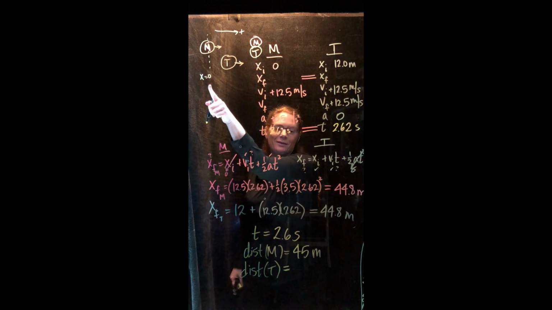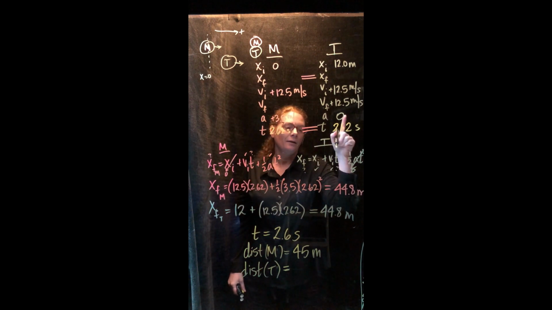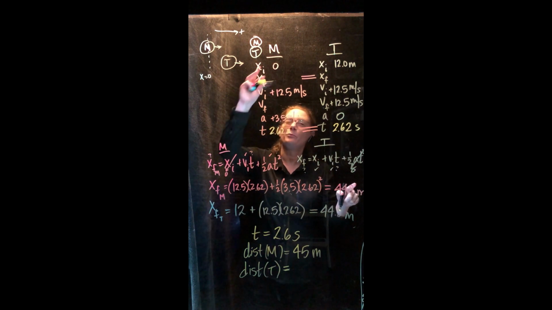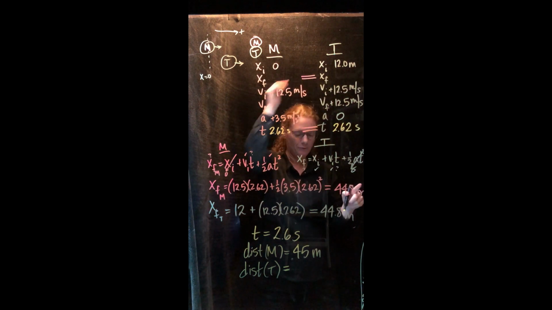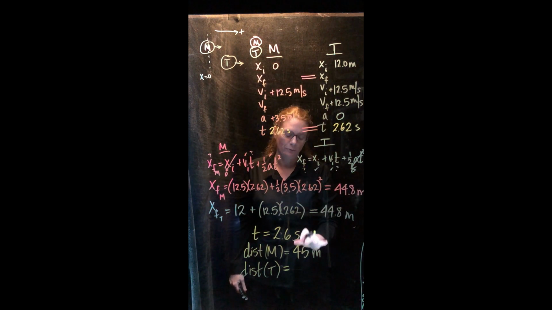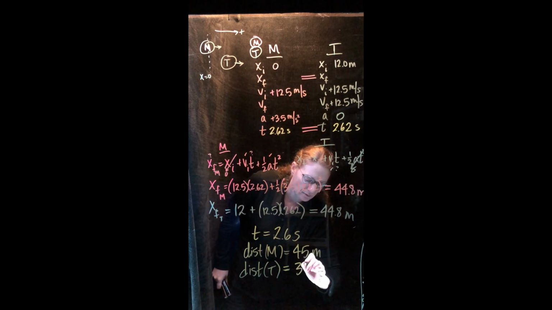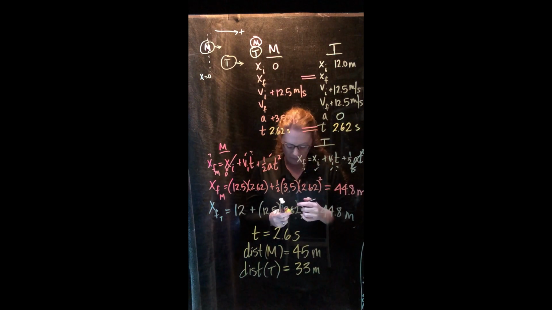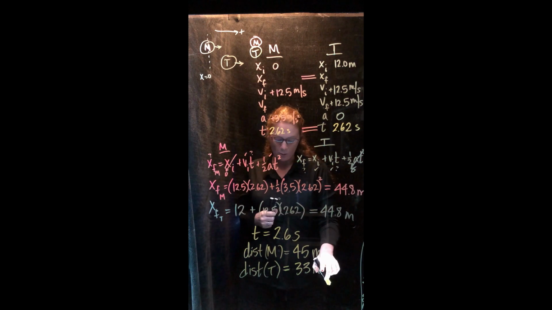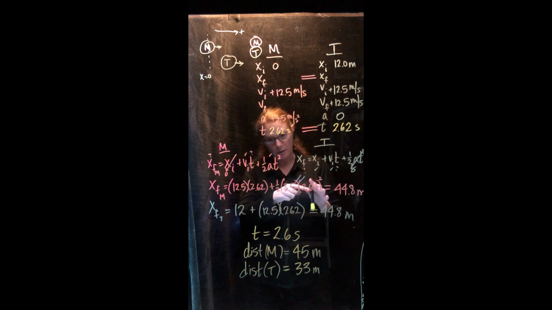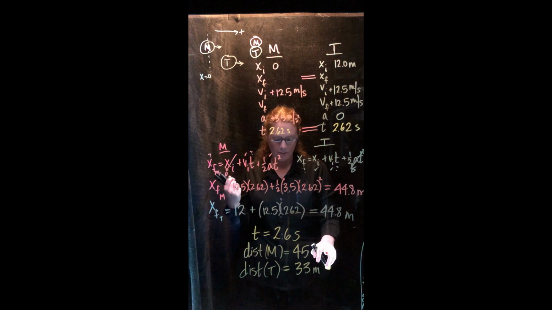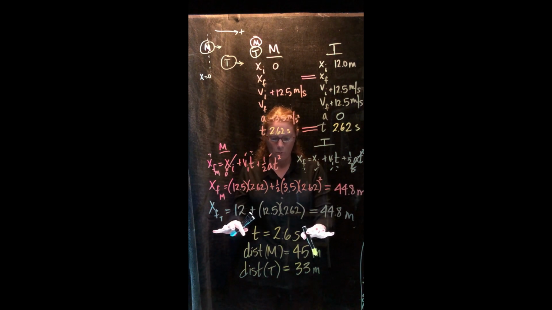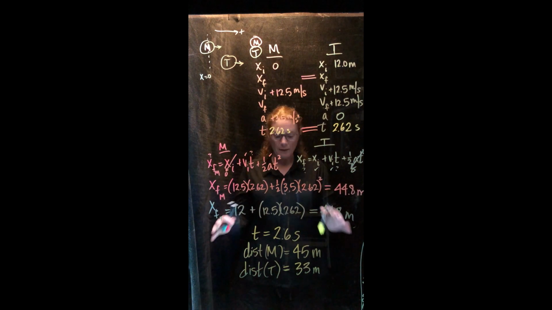It did not start at 0. It didn't go from 0 to 45. It started at 12 to 45. So we have to subtract 12 off of this. So the tractor only went 33 meters. It traveled 33 meters while the motorcyclist, which started behind, traveled 45 meters, and it took 2.6 seconds for this to happen. We've answered the question.